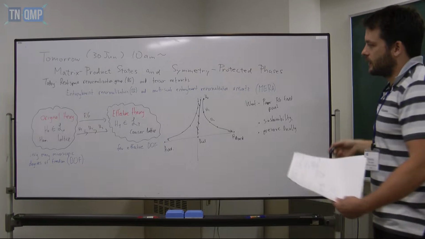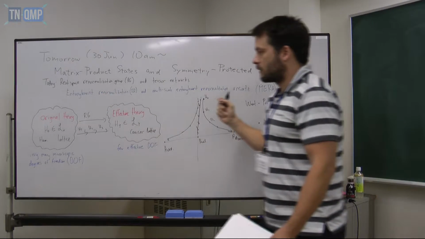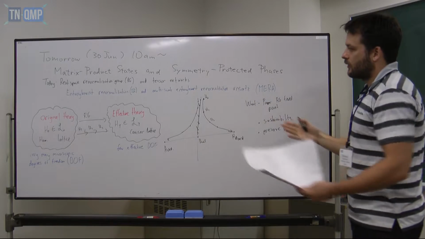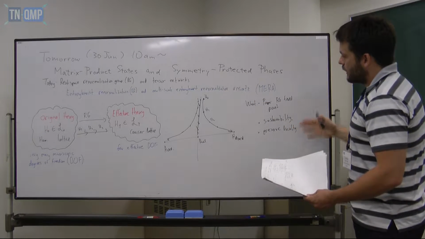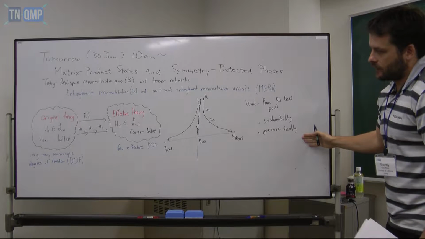So this was really the problem Vidal solved when he introduced entanglement renormalization and the MERA: figuring out how to do real space renormalization in a way that gives us the expected properties.